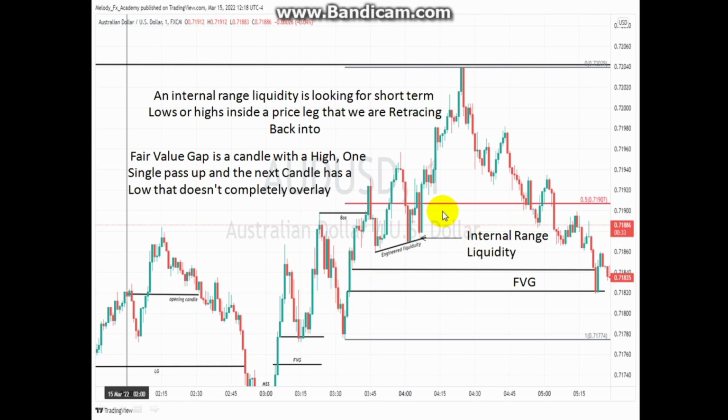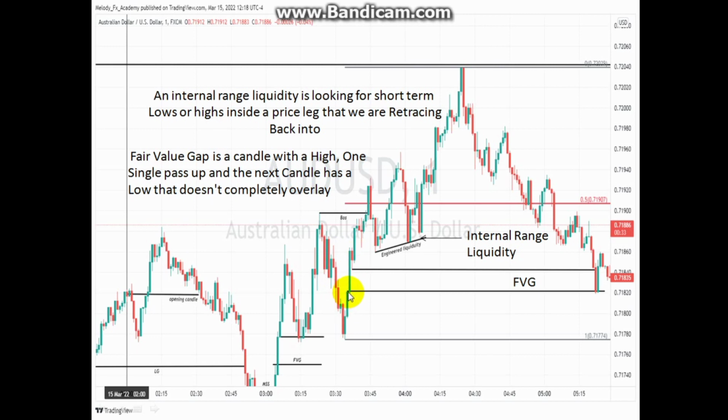Now, this is the definition of a fair value gap. I have not defined it the way ICT taught it. A fair value gap is a candle with a high, one single pass up, which is this particular candle, and the next candle has a low that doesn't completely overlay the whole range, which is this particular one right here.